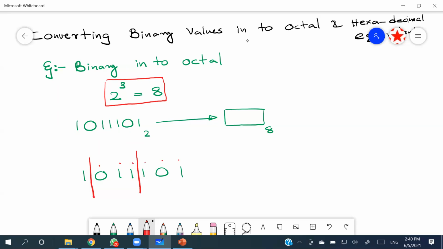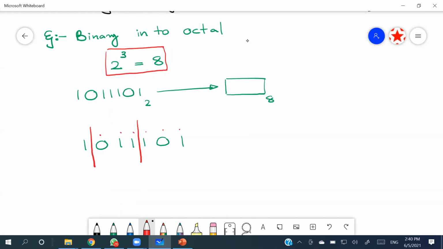So once we are given a binary value to be converted into octal, we divide the binary value into groups which have 3 characters inside them. We have to start the grouping from your right hand side. And remember, we are going to consider these groups as small binary values.